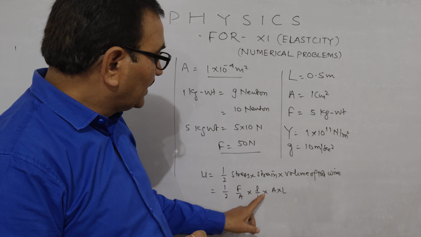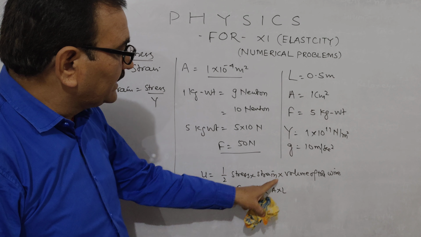How to eliminate this one? You know Y is equal to F upon A upon small l upon capital L. Or another way, you can write Y equals stress upon strain. So you have to remove this strain: strain equals stress upon Y. Clear?